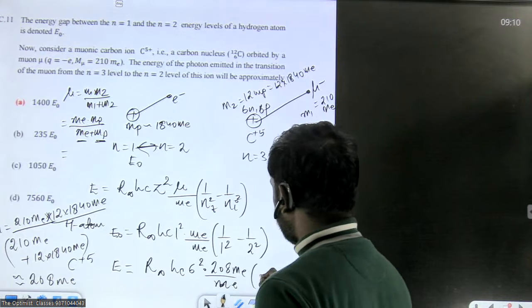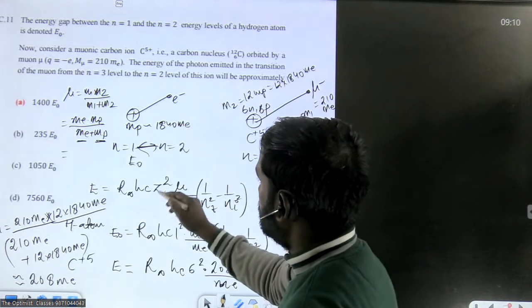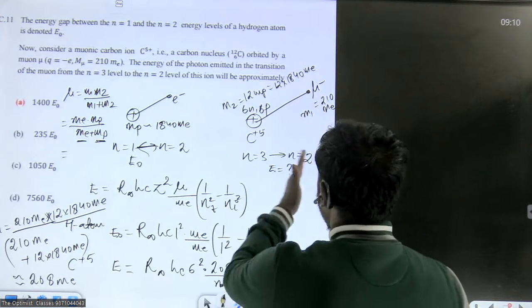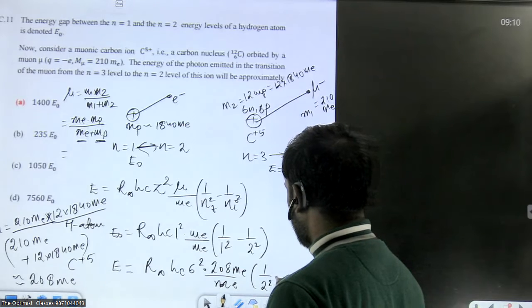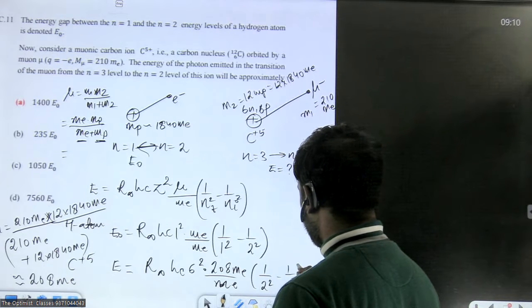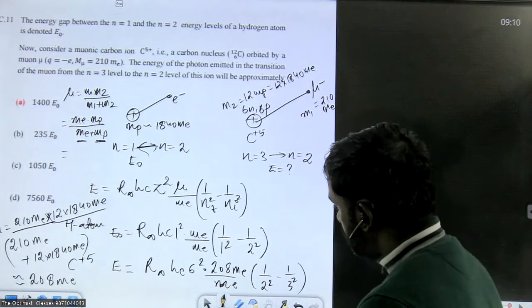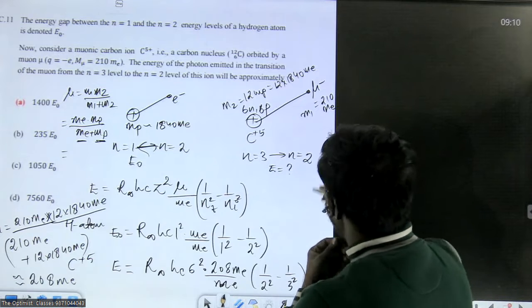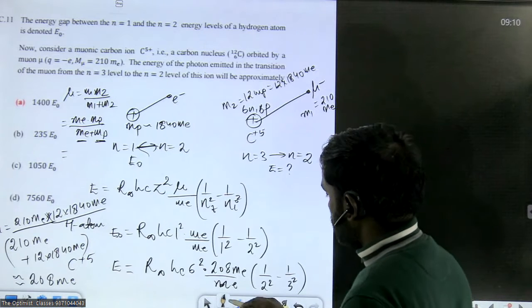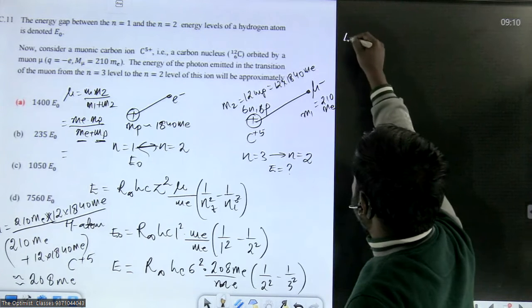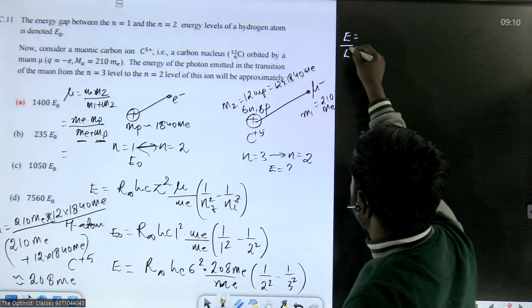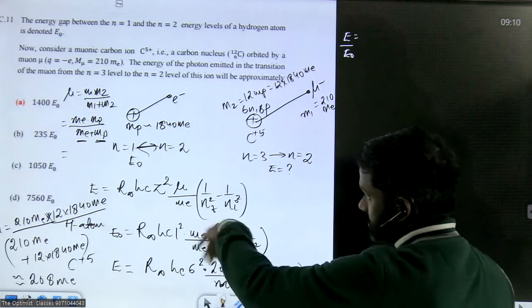Okay, and here the transition is from n equal to 3 to 2. So here we get 1 by 2 square minus 1 by 3 square. Now just divide the two. What you get is E divided by E naught, where common factors will cancel out.